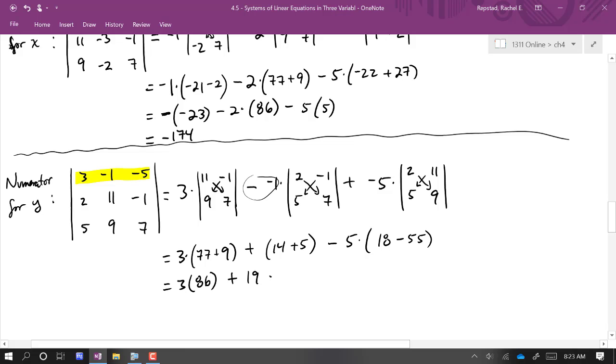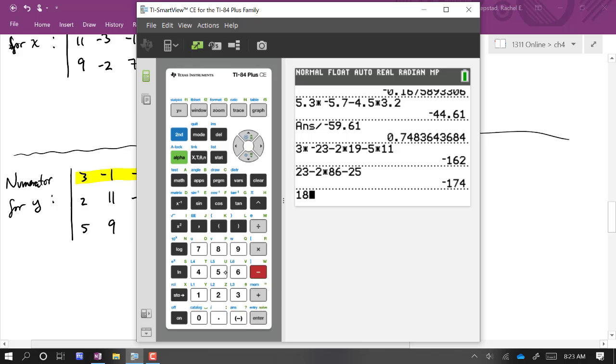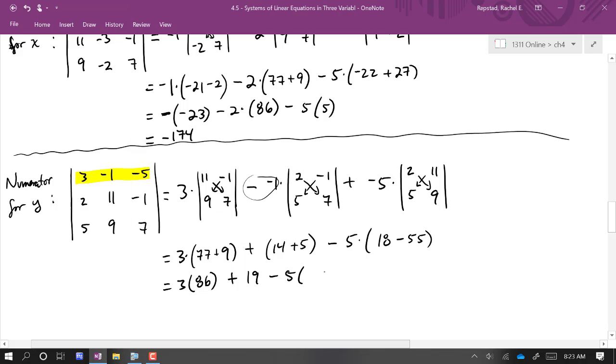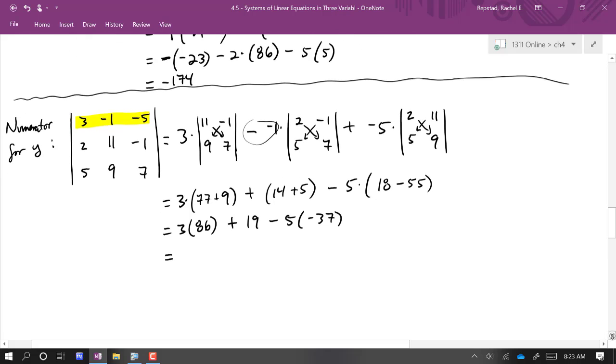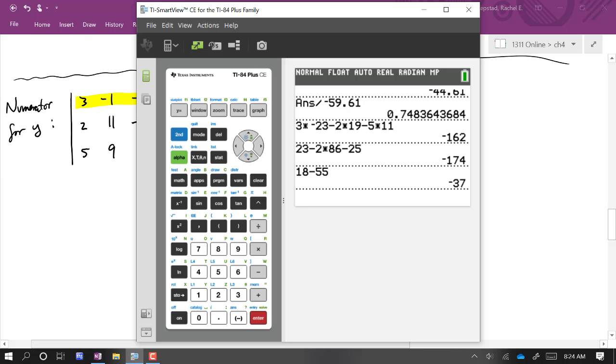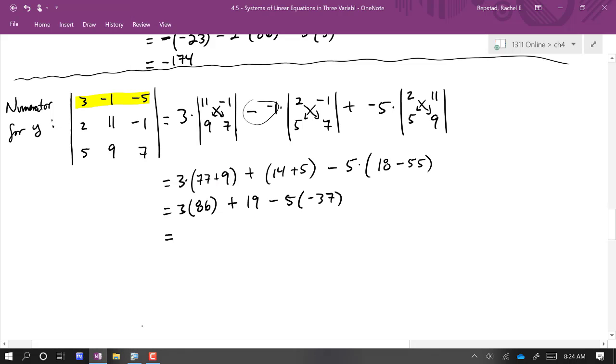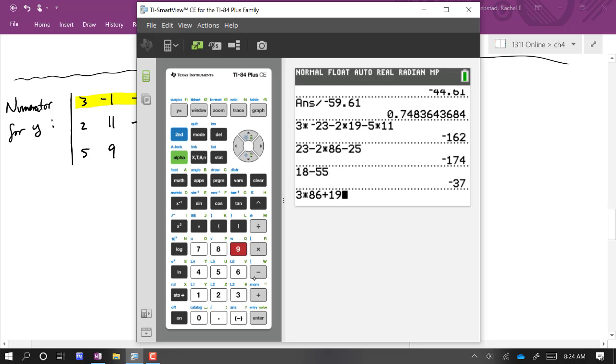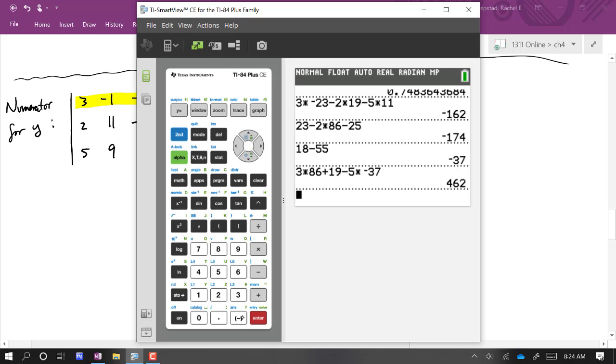Plus 19, minus 5 times 18 minus 55 is negative 37. Okay, let's see what we got here. 3 times 86, plus 19, minus 5 times a negative 37. 462.